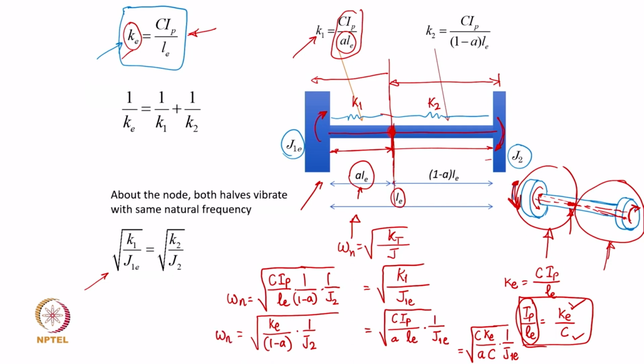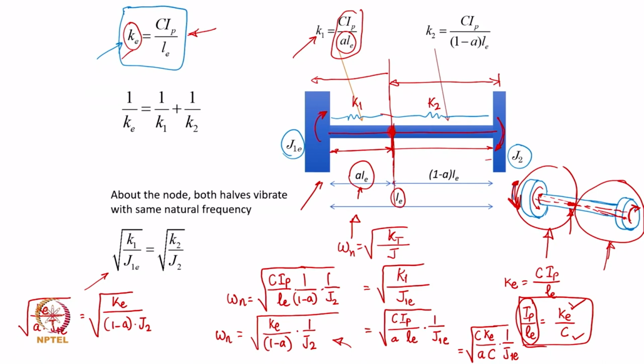Now, you may notice that from one expression I have square root of Ke over A into J1E, and from the second expression of the natural frequency I have Ke over 1 minus A times J2, which is the turbine inertia. Now, if I equate these, Ke will simply cancel out, and J1E and J2 are numerically known.